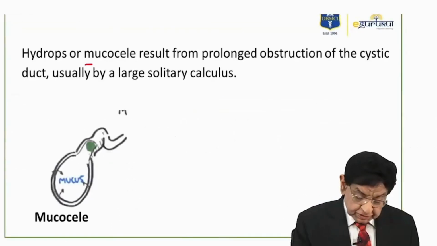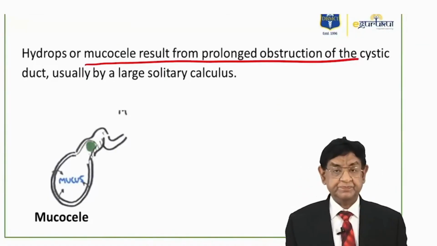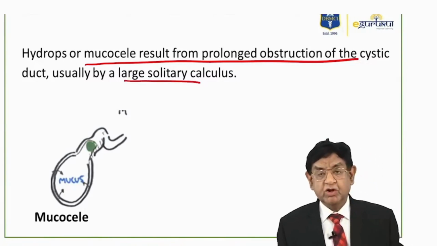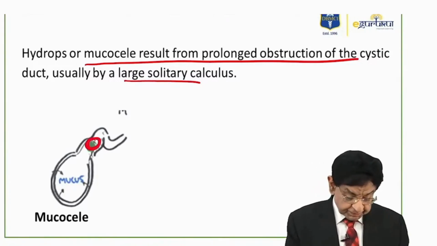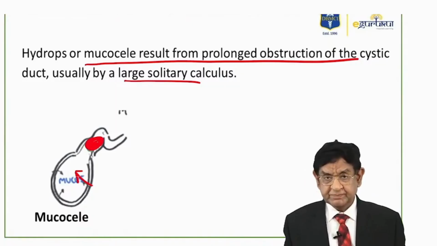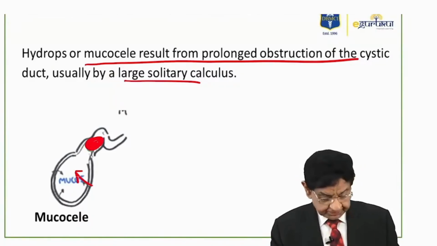So mucocele results from prolonged obstruction of the cystic duct, especially by a gallstone. The stone blocks the cystic duct, the mucus keeps coming, and that makes the mucocele.